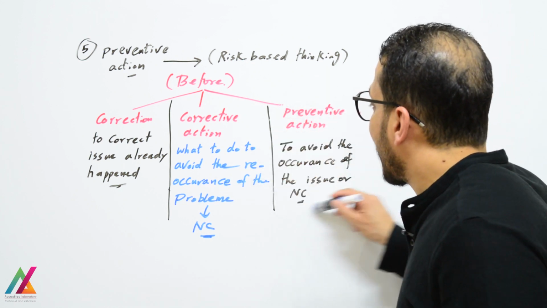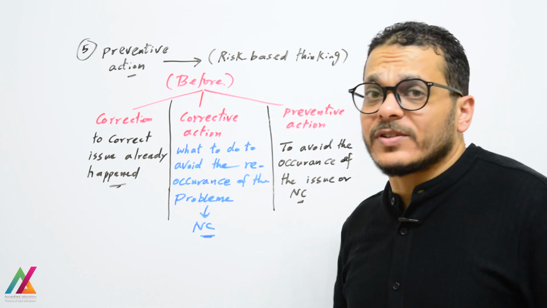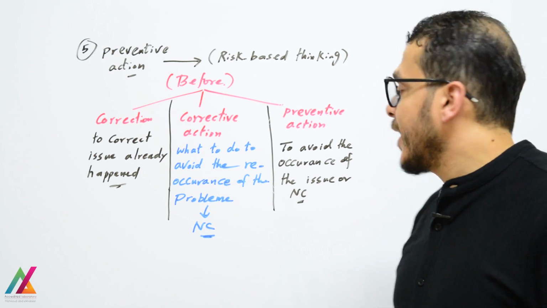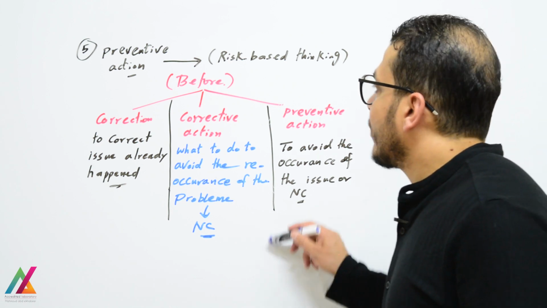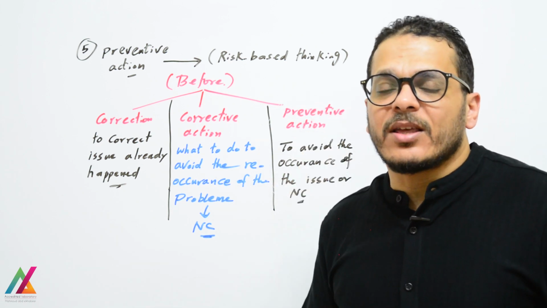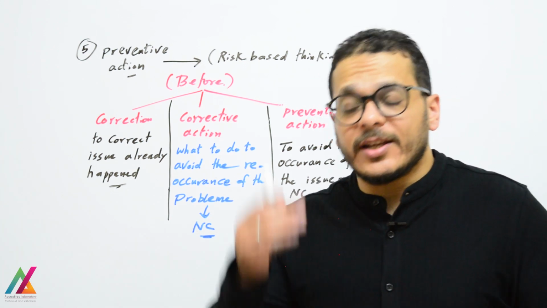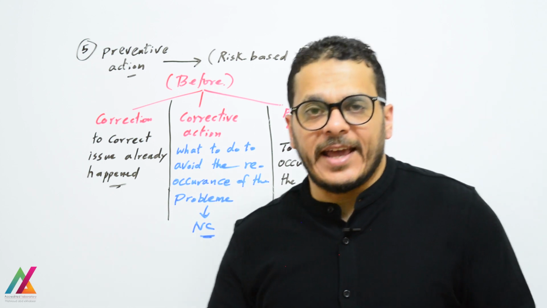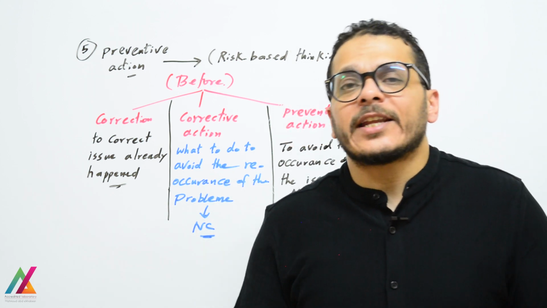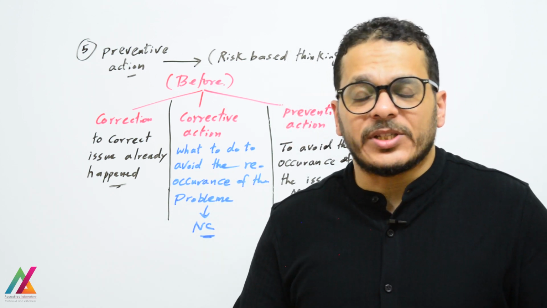But now preventive action has been removed in all of the standard, also in the 9001 2015 edition, and replaced by the words risk-based thinking. In risk-based thinking, the organization shall think based on the risks they have to avoid the occurrence of issues or non-conformities.